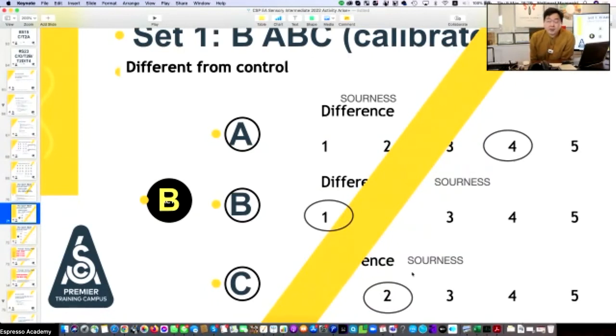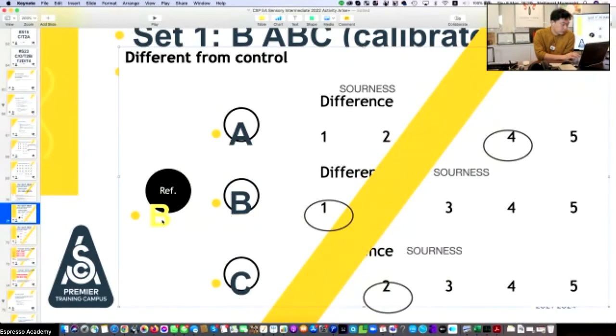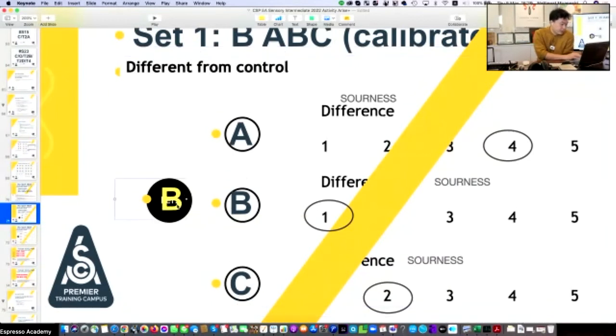A would be a big difference because maybe A has a strong difference from the reference, which is the one in black here, okay? So it is different. But if the cupper tests the B, which is here, B has very little difference in sourness.